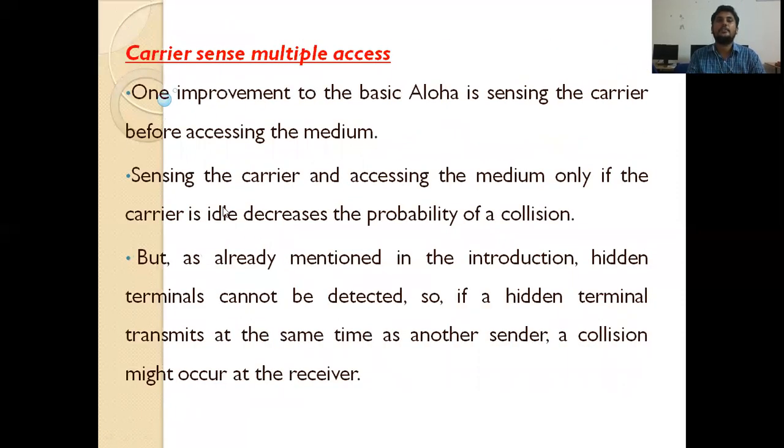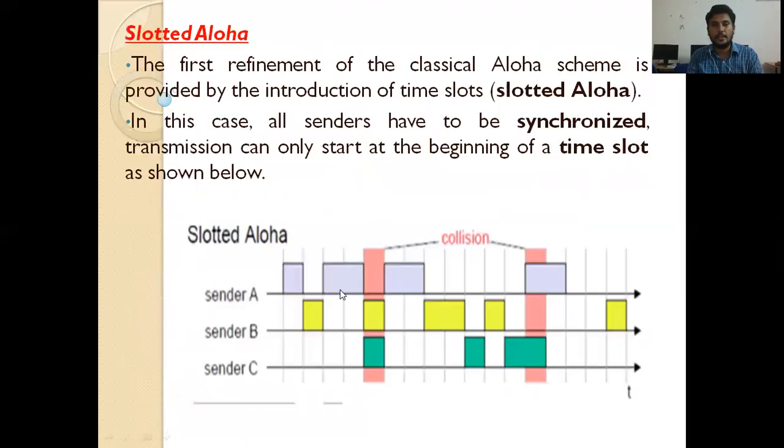In CSMA, we sense the carrier and access the medium only if the carrier is idle. That means if the path is idle, only then can you transmit the data, and it decreases the probability of a collision. If either A or B or C sends the data packet at a time, it reduces the collision. In this particular time period, B sends the data.